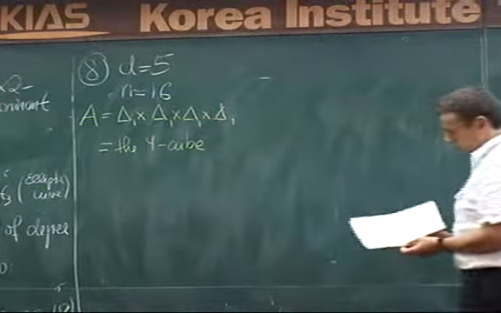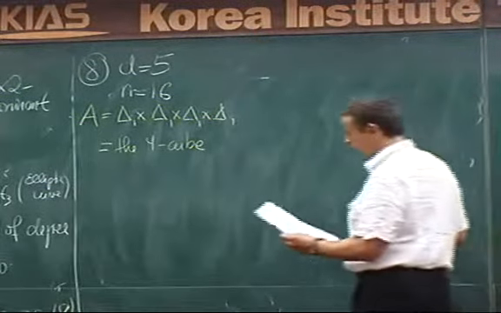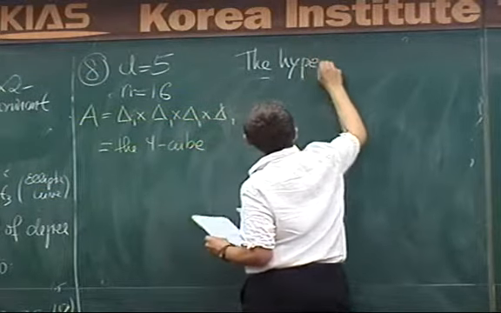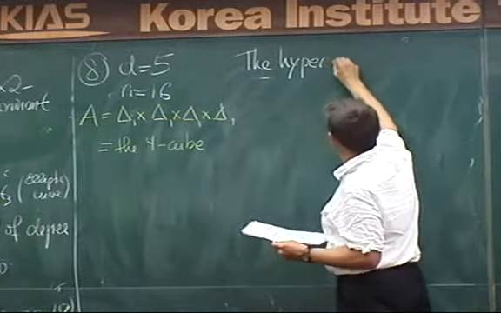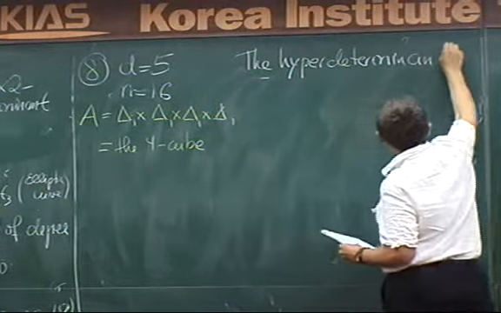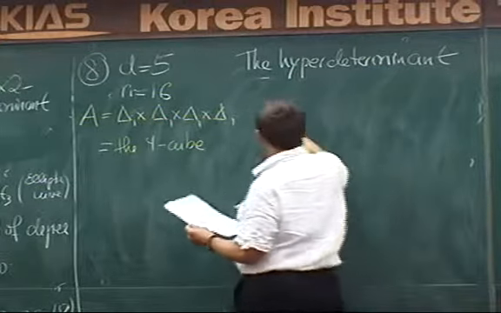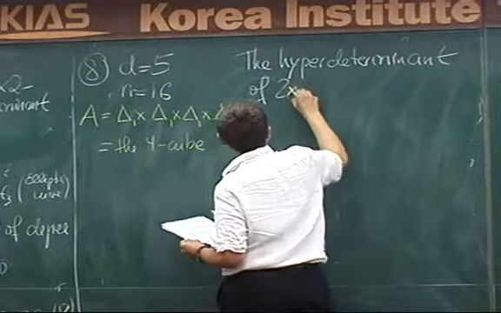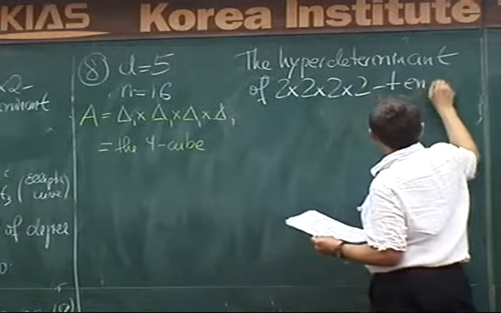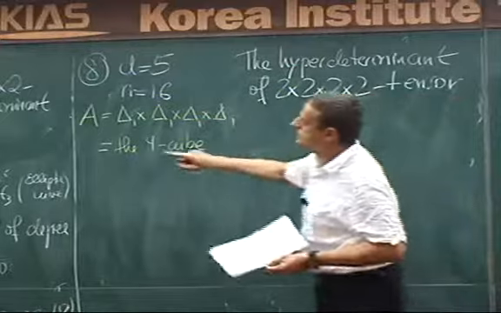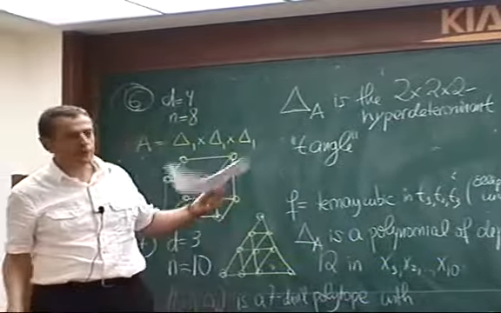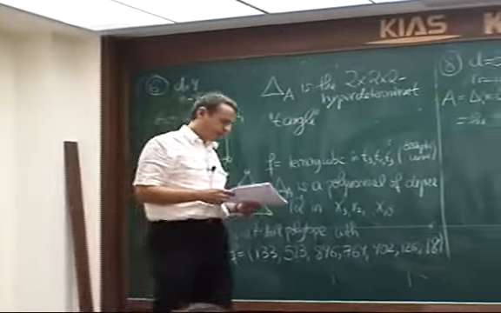So now, this is the hyperdeterminant of a 2 by 2 by 2 by 2 matrix, the hyperdeterminant of the 2 by 2 by 2 by 2 tensor. Before, this measured the singularities of a trilinear form. Now this is a multilinear form with 4 factors.